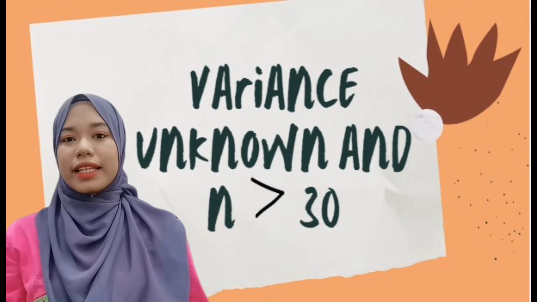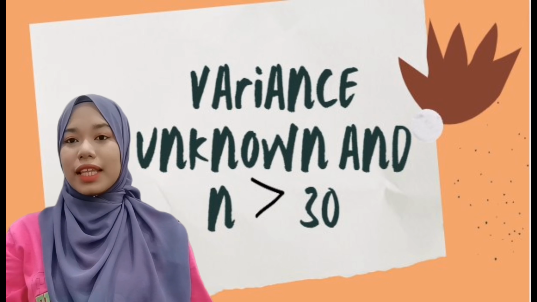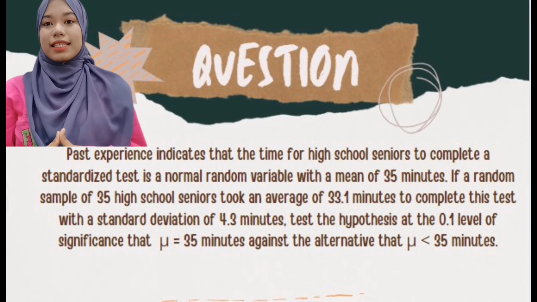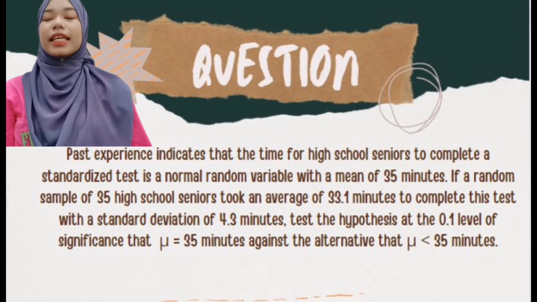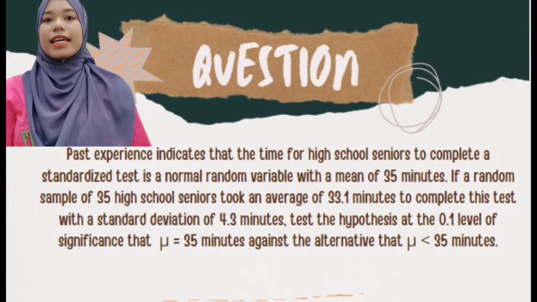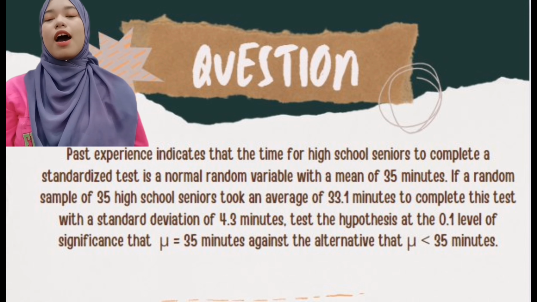Before I explain how to solve the question, let me read the question first. The question is, past experience indicates that the time for a high school senior to complete a standard test is a normal random variable with a mean of 35 minutes.